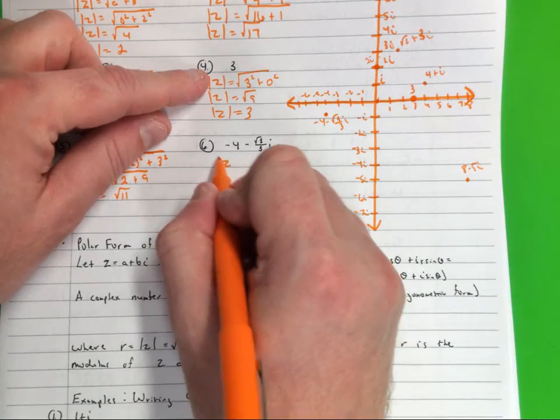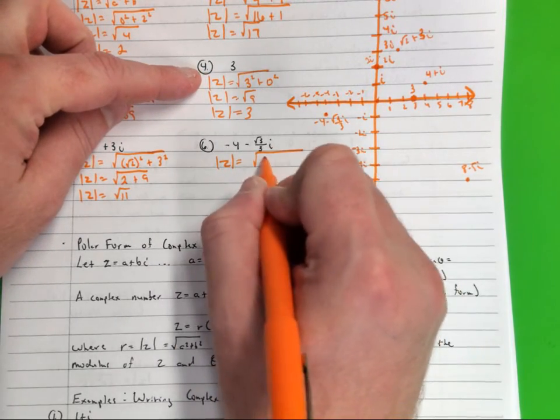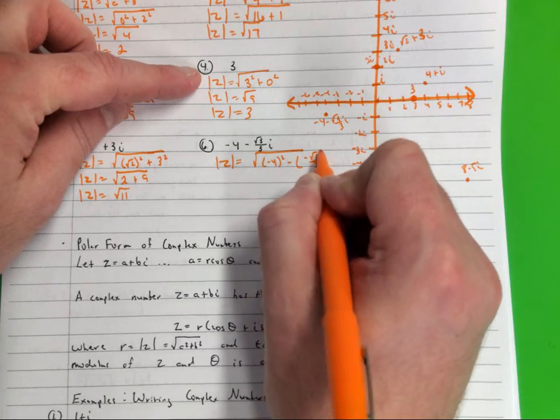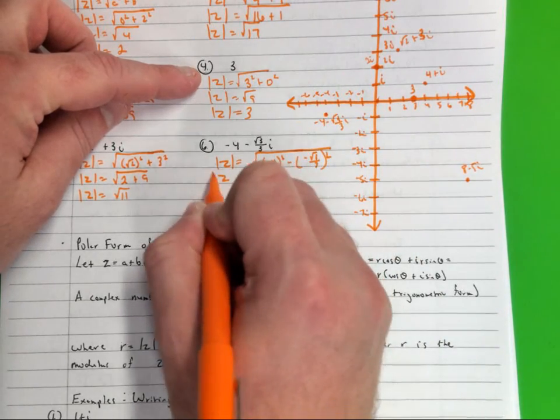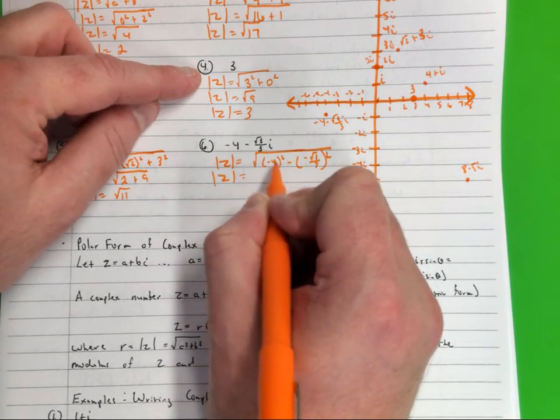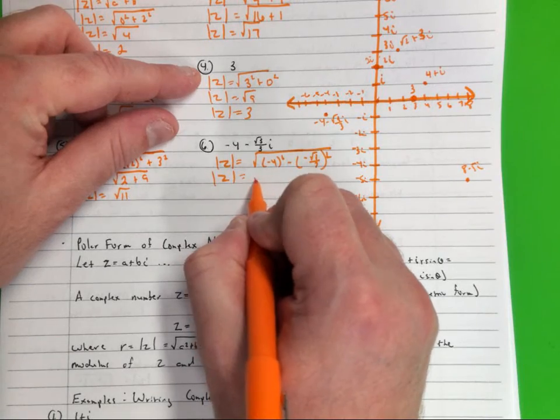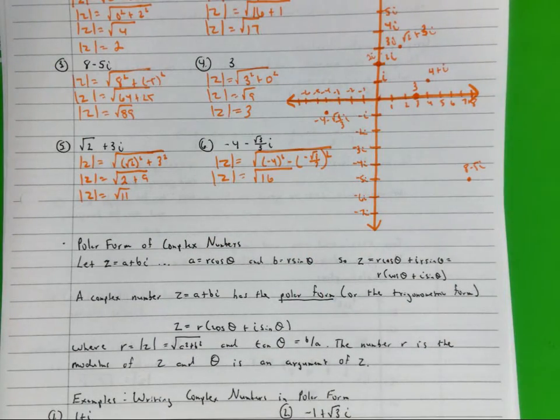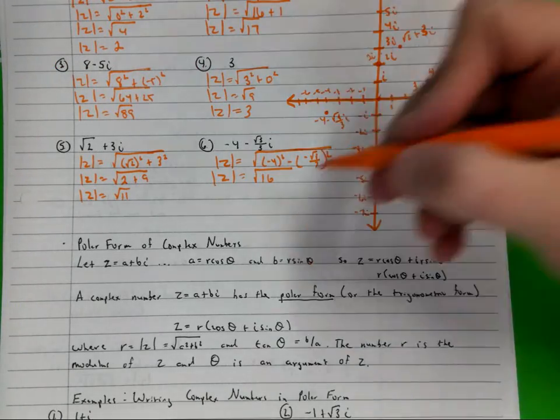Now let's do this. Absolute value of z equals negative 4 squared plus negative square root of 3 over 3 squared. What's negative 4 squared? 16. Now let's be careful. I want to really go over this. First of all, that's supposed to be a plus in between them. I'm sorry.